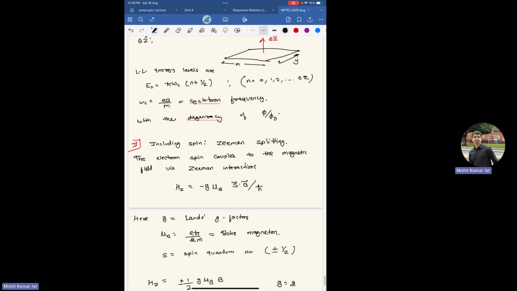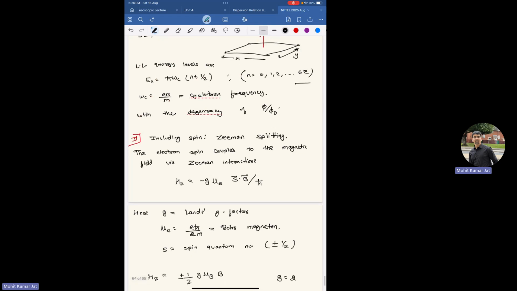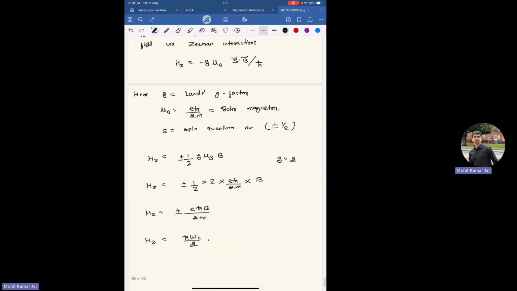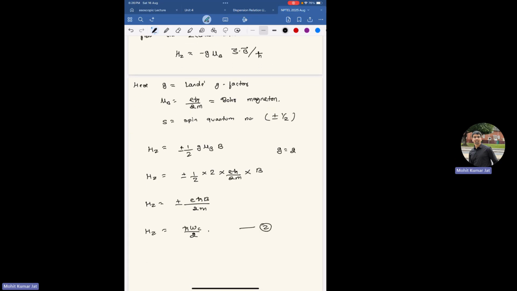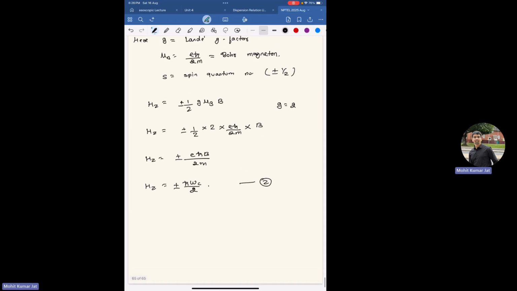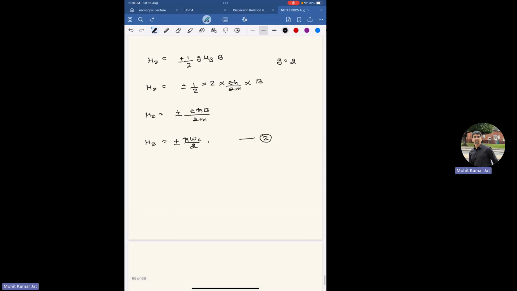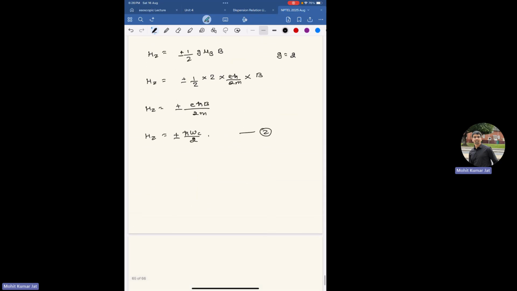Compare it with equation number 1; this is 1, this is 2, plus or minus, right? So now, how will the full Landau level energy go? The full Landau level energy will be equation 1 plus equation 2.